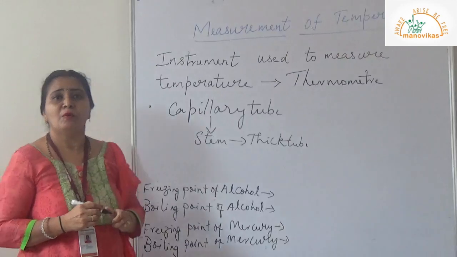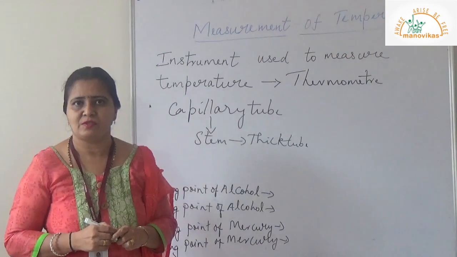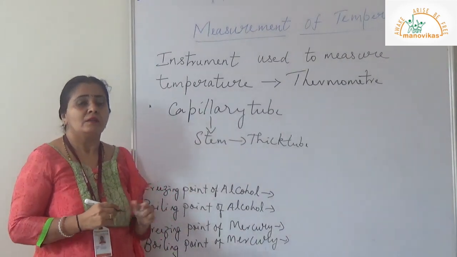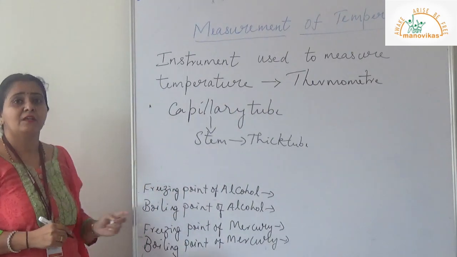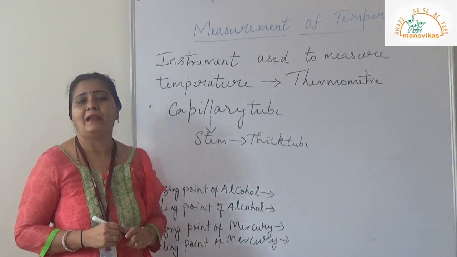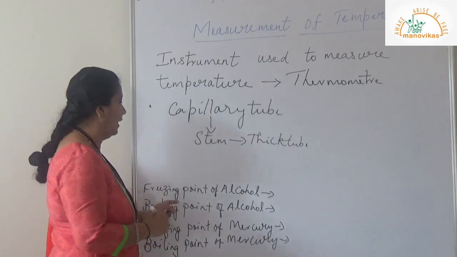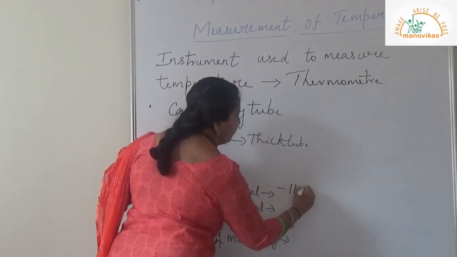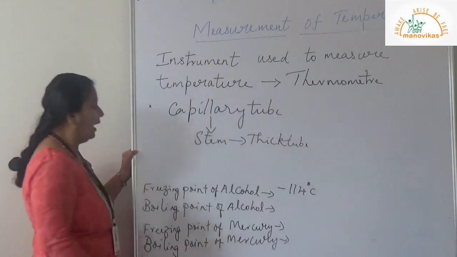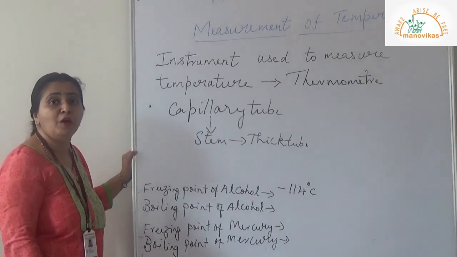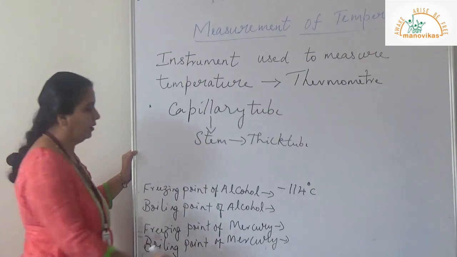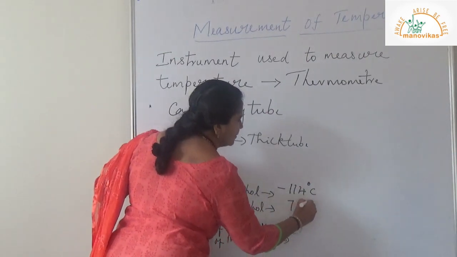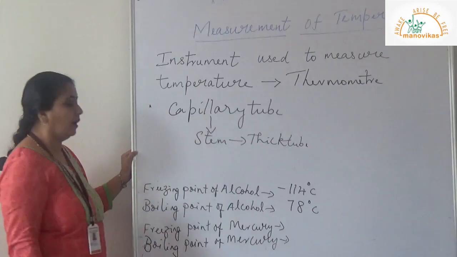In some thermometers, colored alcohol is used. The freezing point of alcohol is minus 114 degrees Celsius and the boiling point of alcohol is 78 degrees Celsius.